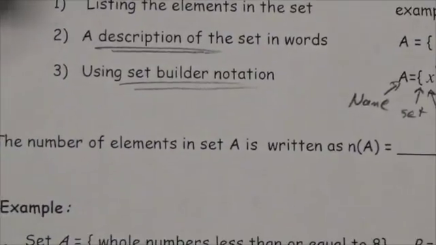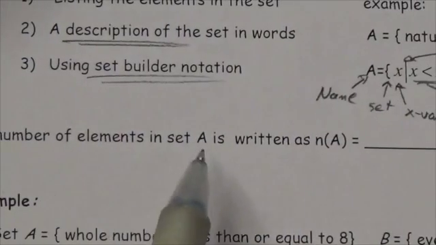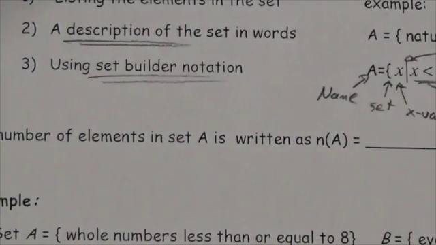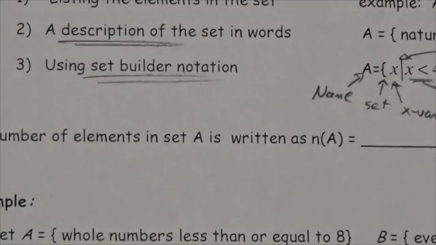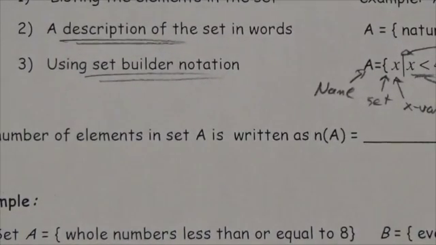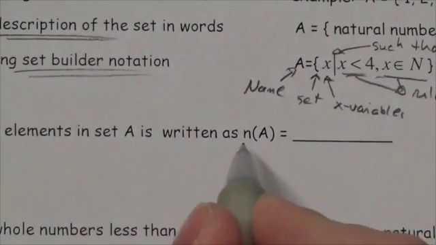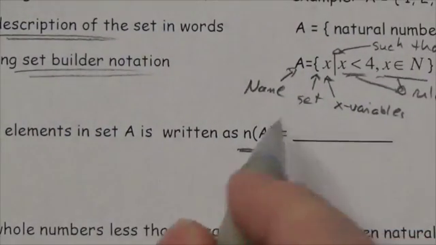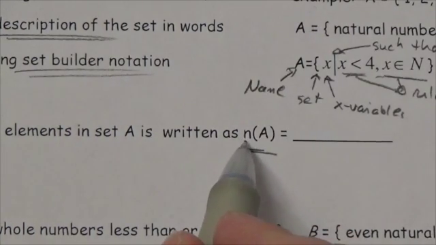And now, lastly, before we go through some examples, sometimes we're interested in the number of elements in a set. That's going to be particularly true when we start to transition into discussions about probability, because probability is really based quite a bit on set theory, on understanding how sets work. So the number of elements in a set A, you would write n of A. This is not n multiplied by A. This is like function notation, where n is the function.